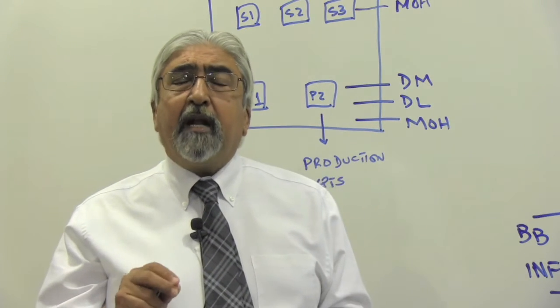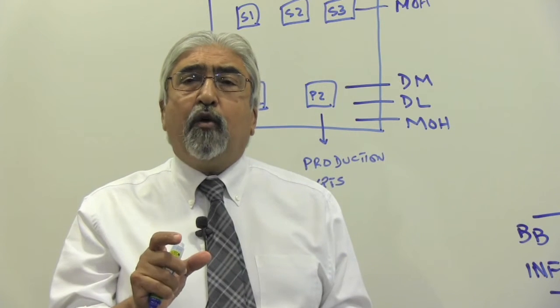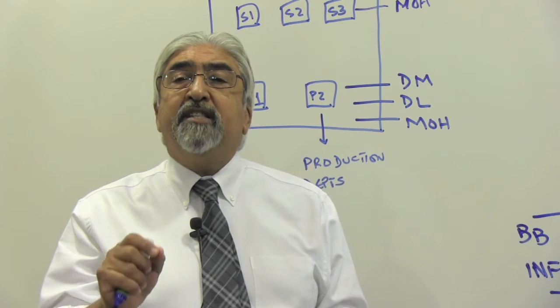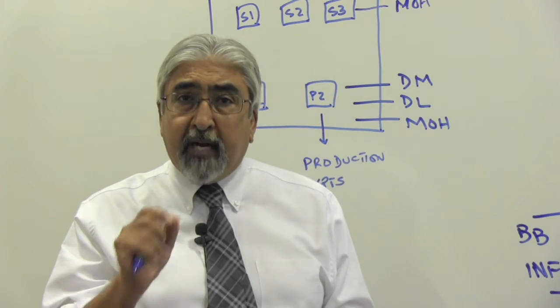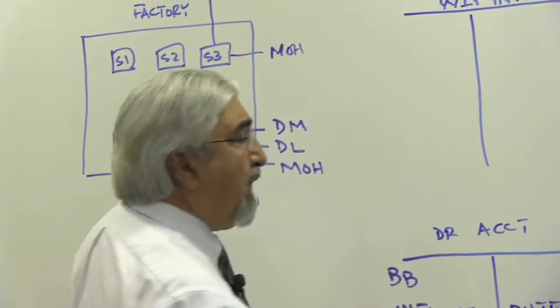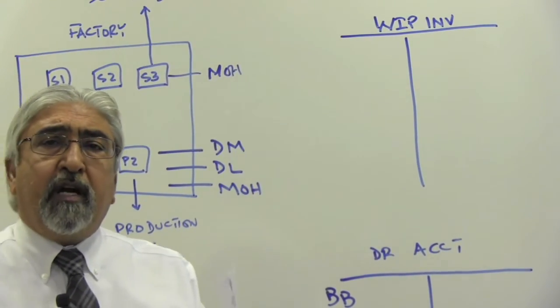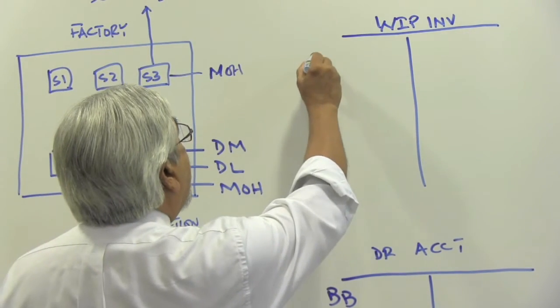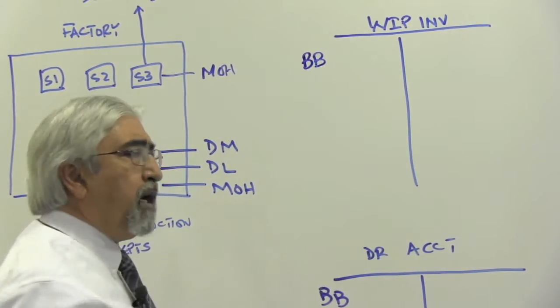Before I do that, let me explain that any cost is equal to some quantity multiplied by some price, right? Okay. So if we look at actual costing, and we will concentrate on the work in process inventory account, there will be a beginning balance out here.